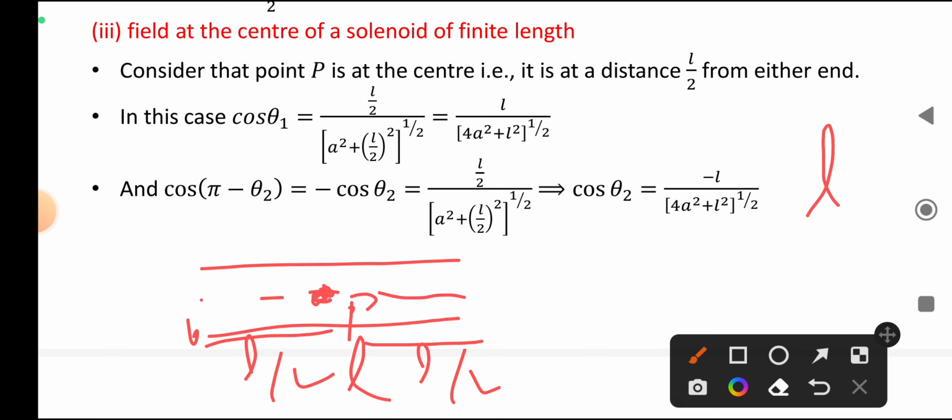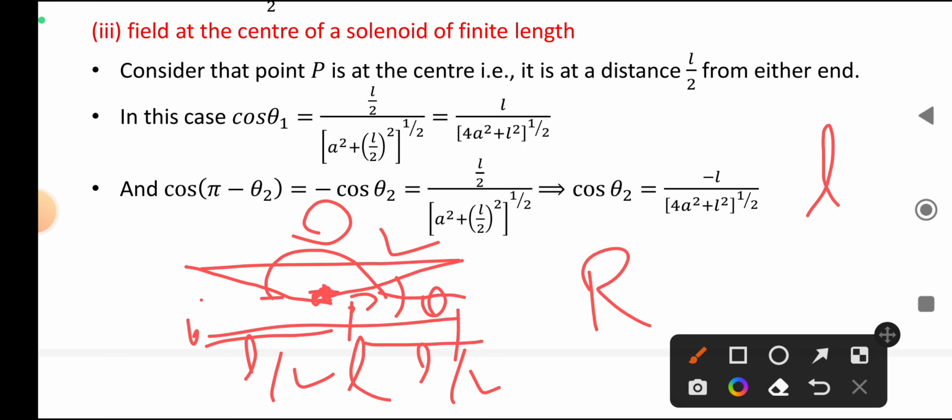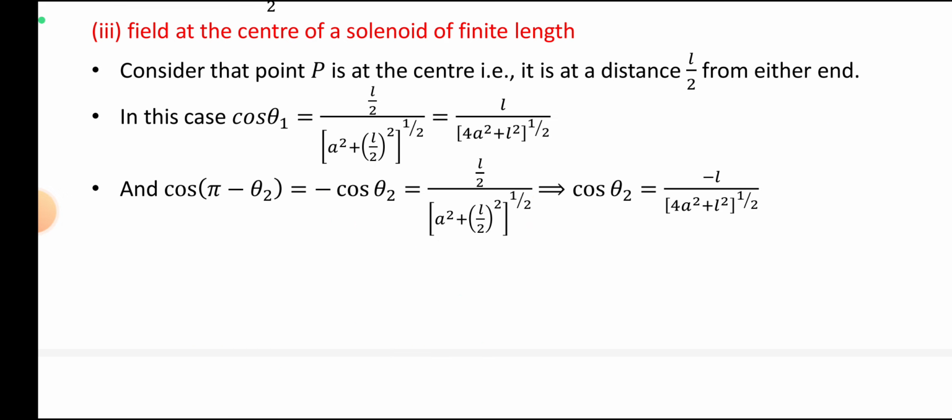So point P, and I take this angle on the right side as theta 1, and this angle on the left side as theta 2. Theta 1 is the right side, theta 2 is the left side. Keep in mind. Let me erase this diagram once again.